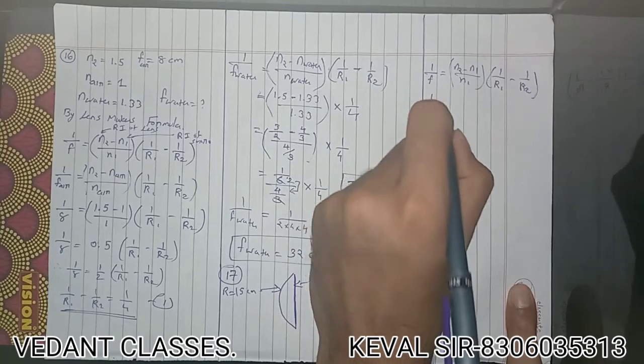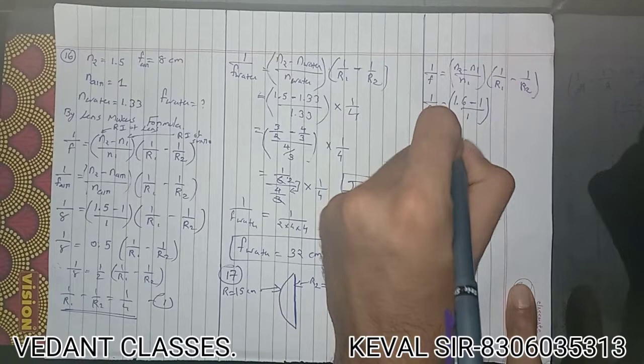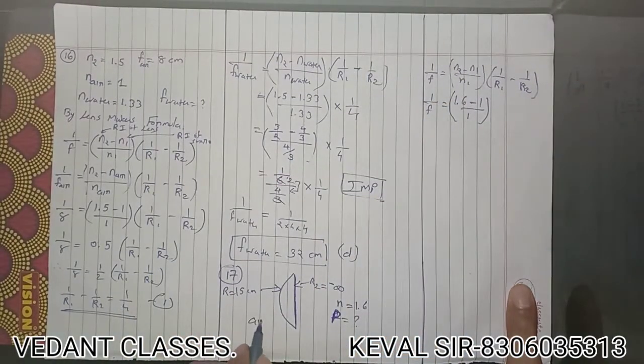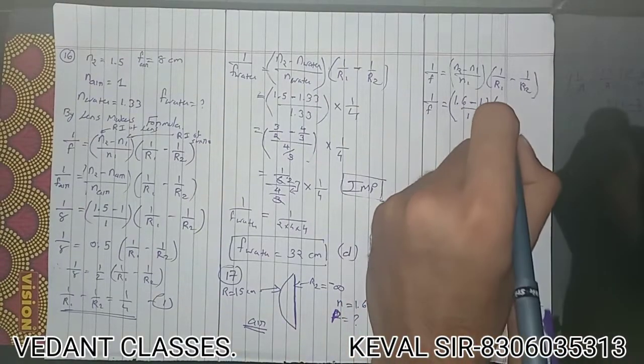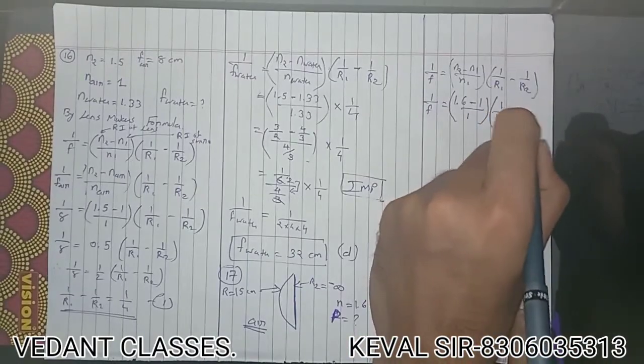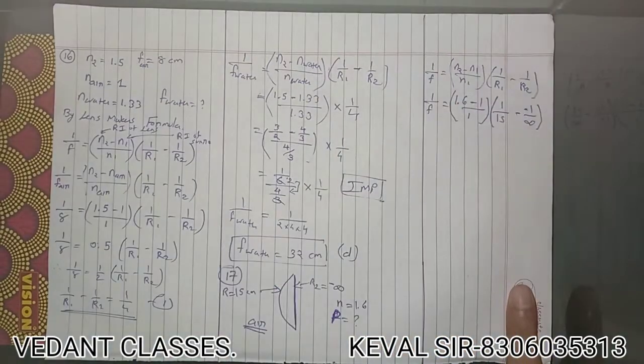So 1 by f is equal to (1.6 minus 1) upon 1. We are considering air as the surrounding medium. This will be 1 by 15 minus 1 by infinite, which turns out to be 0.